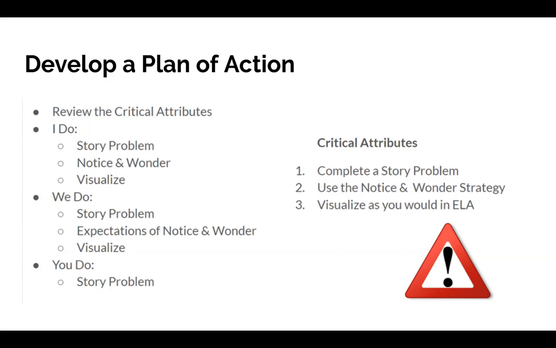The next thing we're going to do is walk through a gradual release model. The I do is the part that the teacher would do: teaching, thinking aloud, showing through modeling. The we do is a give and take between the teacher and the students. The teacher might do part of the problem. The students might do part of the problem. They're going to share their thinking.